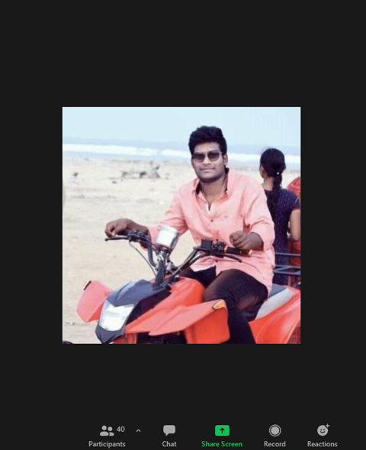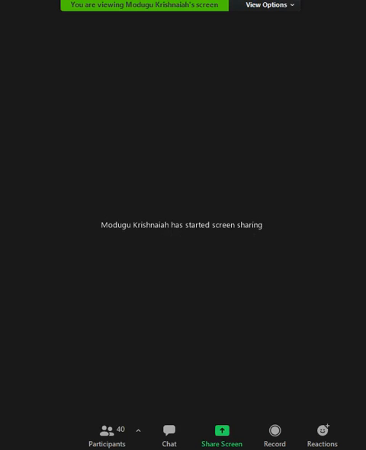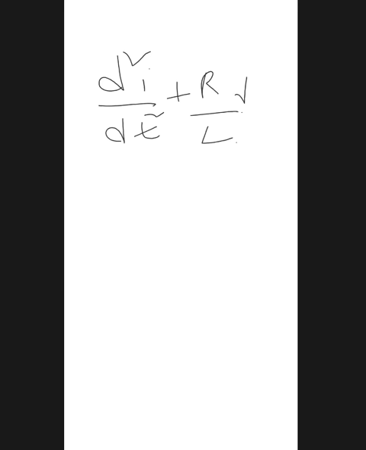I will write this on the board, so don't get confused. I have written some points directly. The equation is d square i by dt square plus R by L into di by dt plus 1 by LC is equal to 0. Very good.